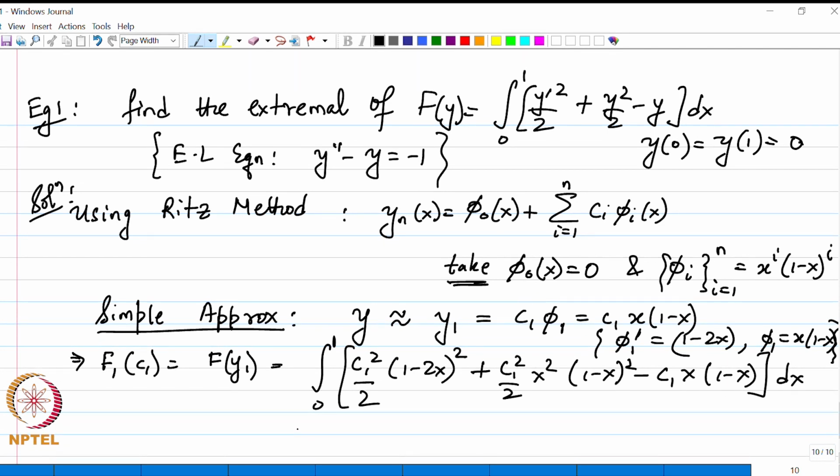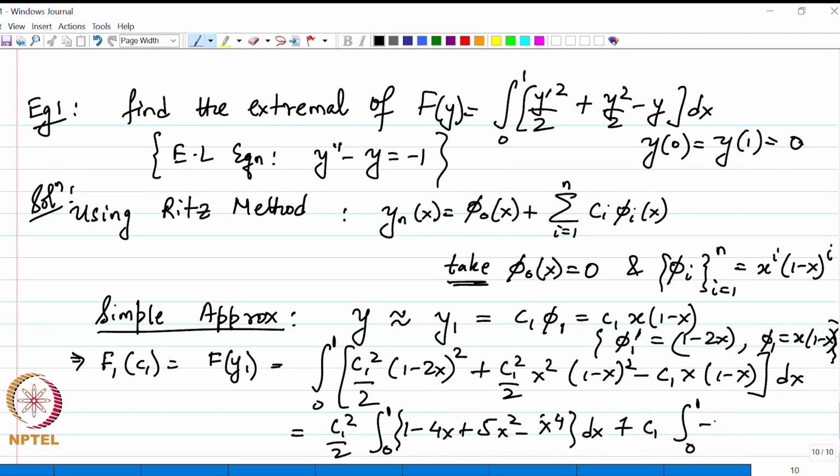So, then what we get is that this is also equal to, after opening up all the squares, C1 square by 2 times the integral 0 to 1 of (1 minus 4x plus 5x square minus x to the power 4) dx plus C1 integral 0 to 1 of (minus x plus x square) dx, right.